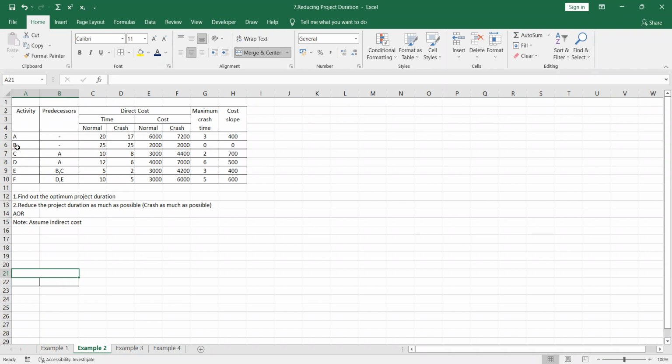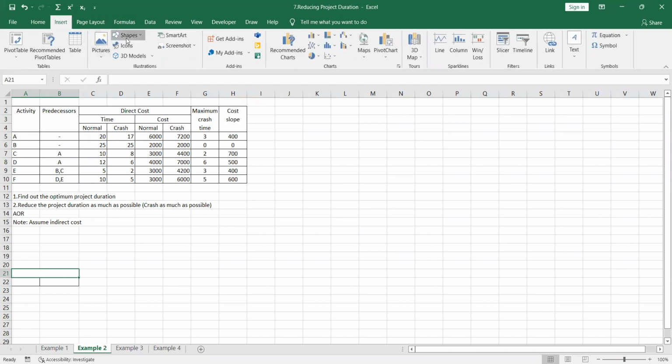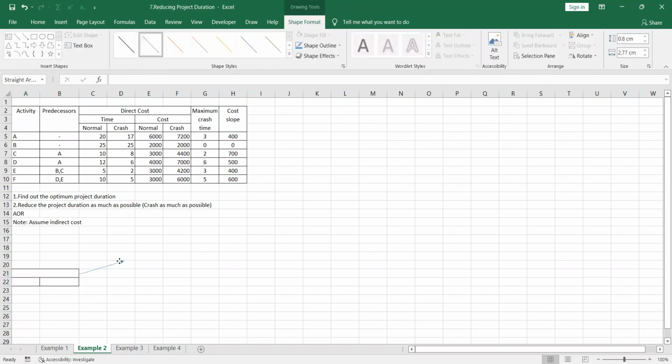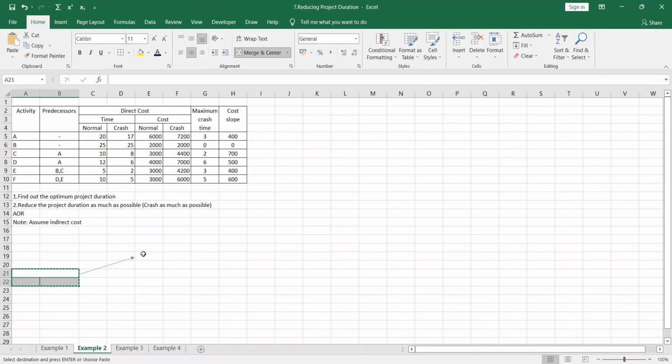So can you see, for the activity A, there is no predecessor. That means I can start this activity A. So I am drawing this project network. Please make sure that you are also drawing.